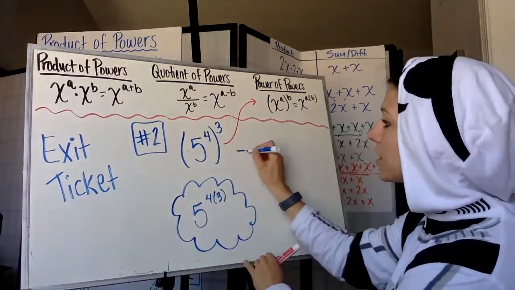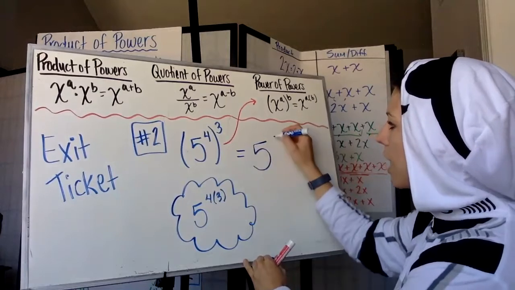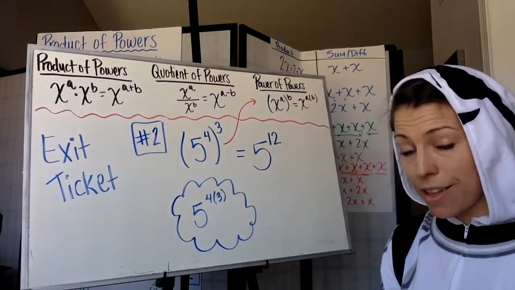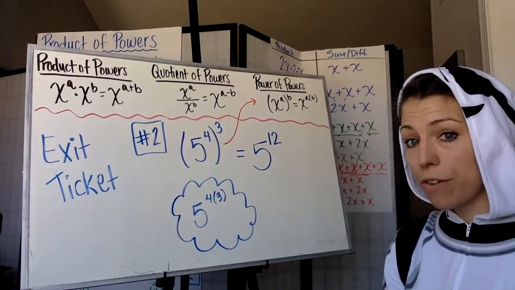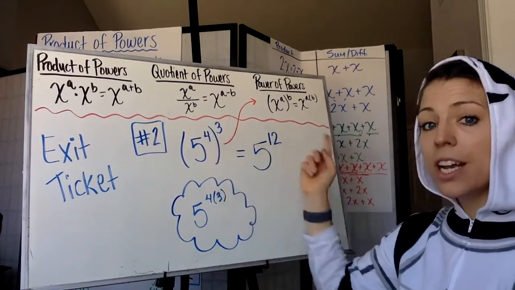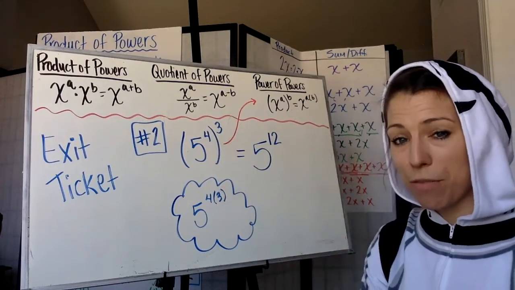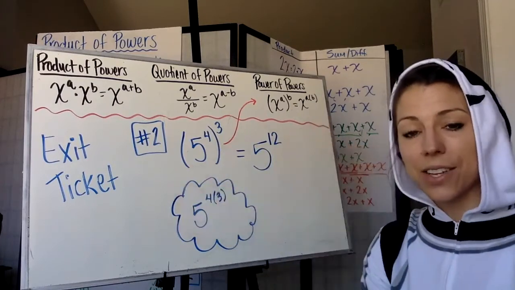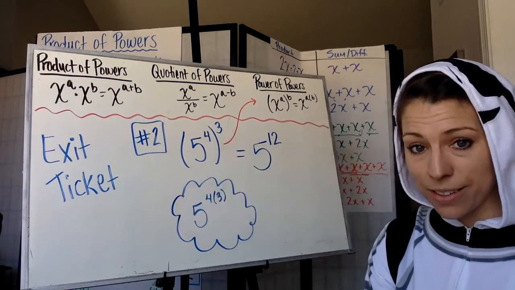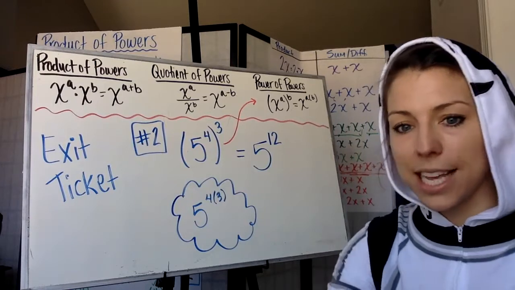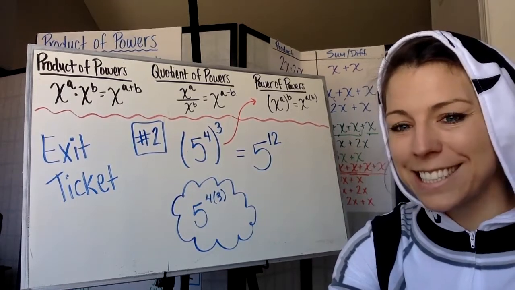So my final answer is I have a grand total of 5 to the 12th. 12 total 5s. 3 groups of 4 is 12 total 5s, or 5 to the 12th power, and that's it. You are done. That's called a single power. Check it using a calculator to see if I'm right, and let's go ahead and set up number 3.